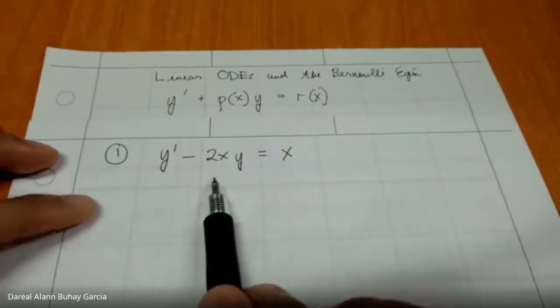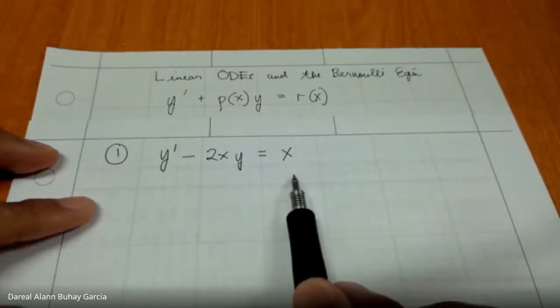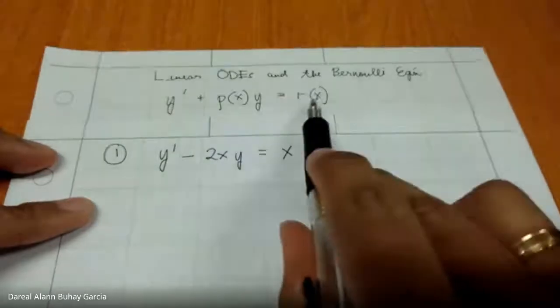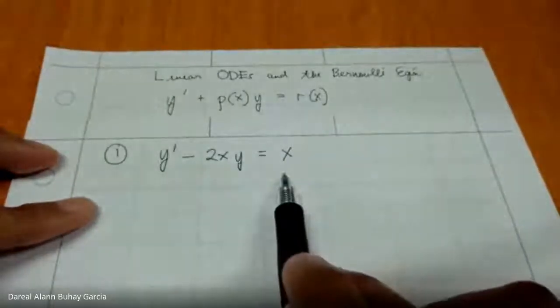Okay, thank you. So what is our p of x and what is our r of x? Clearly our r of x is x. Our p of x is negative 2x. Okay, very good.